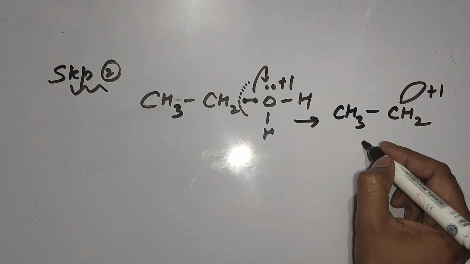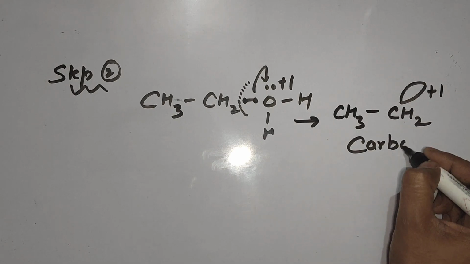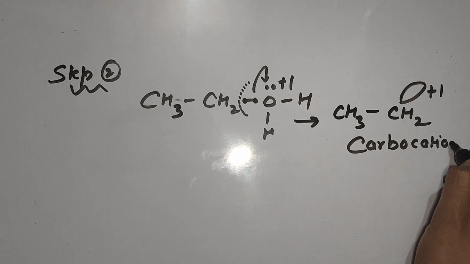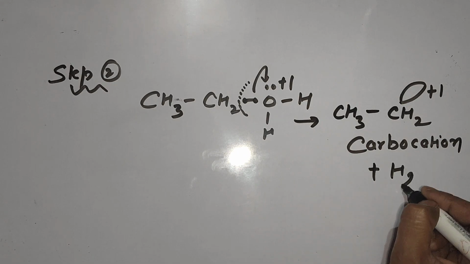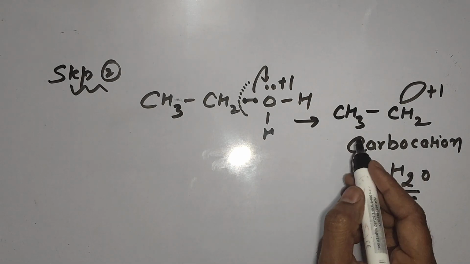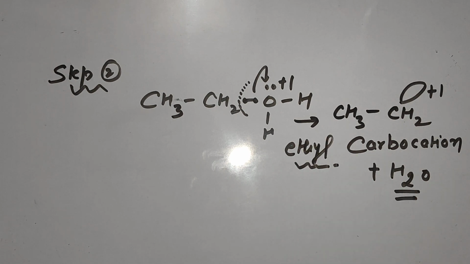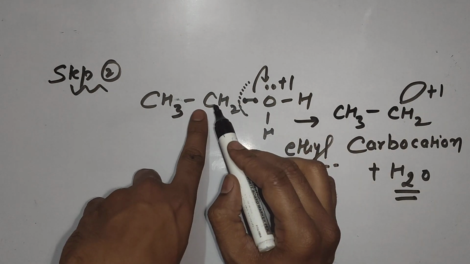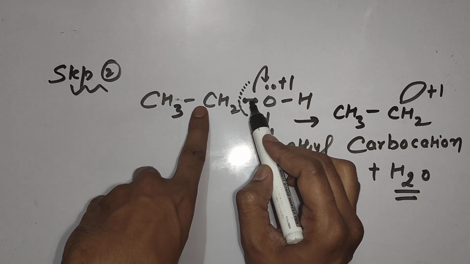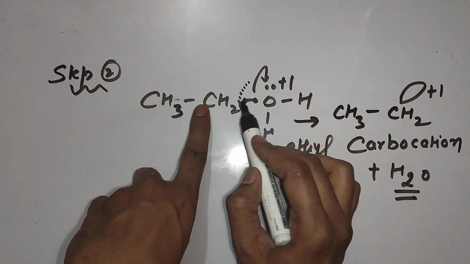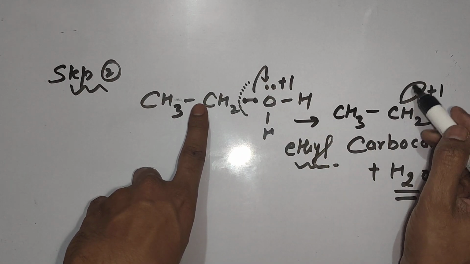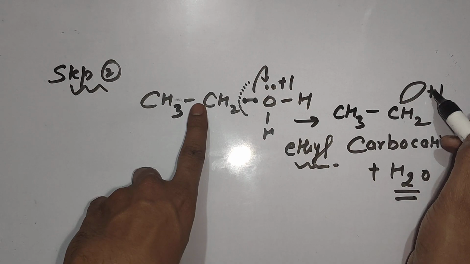Here we have a generation of this intermediate carbocation with the release of H2O. You can call it ethyl carbocation, because this carbon has lost its electron completely toward oxygen, so a vacant orbital will generate around this carbon with a plus one charge.